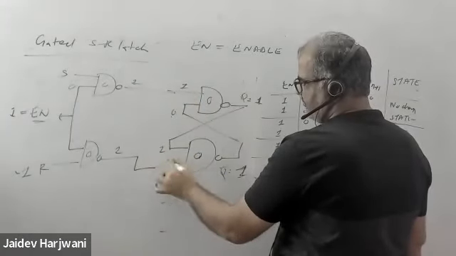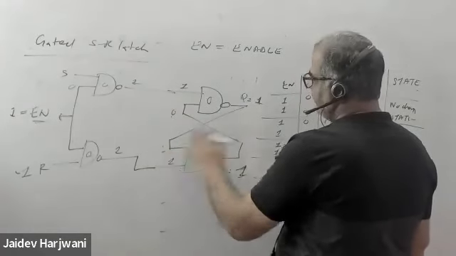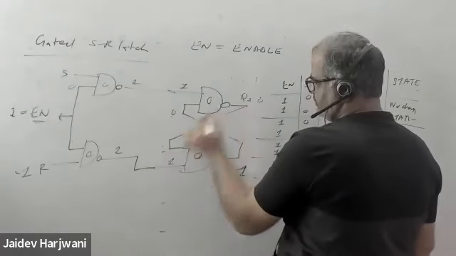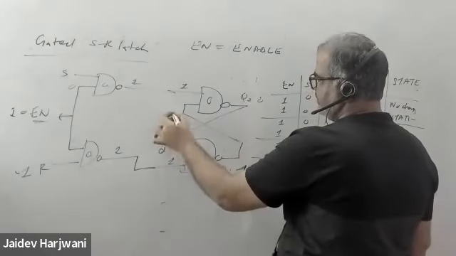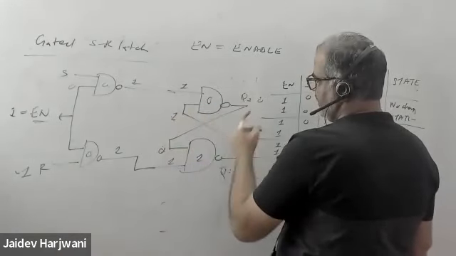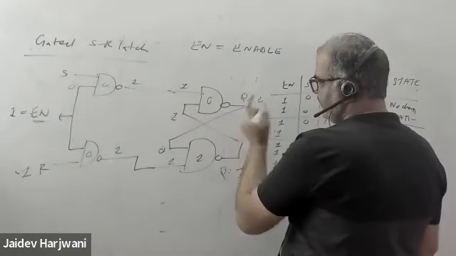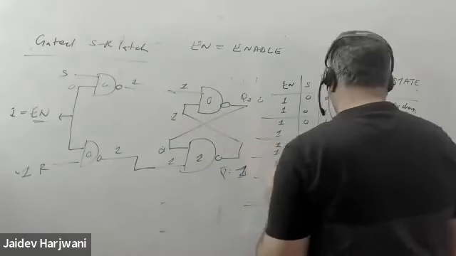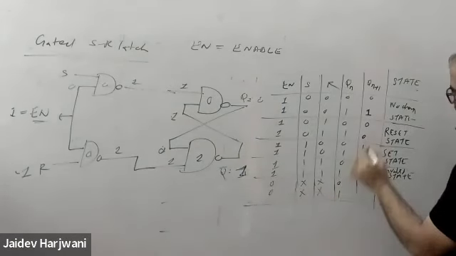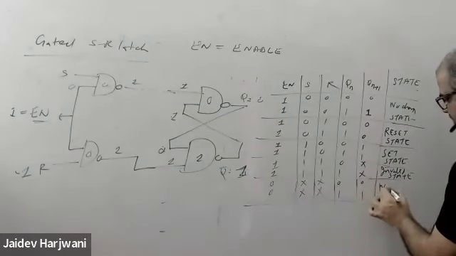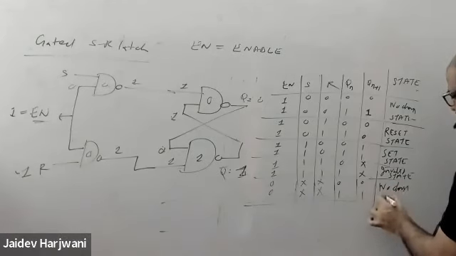Now whatever this is, suppose this is 0, so this automatically becomes 1. This 1 goes here, this becomes 0. If it is 1 here, it will be kept 1, so that will be no change state. If you have a 0 1, your Q will be 0 1. This is your no change state.